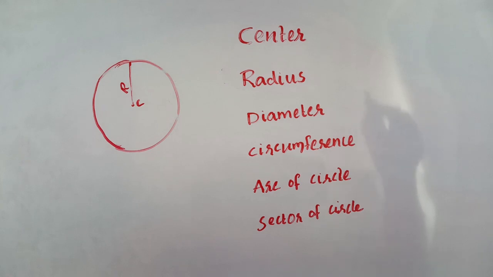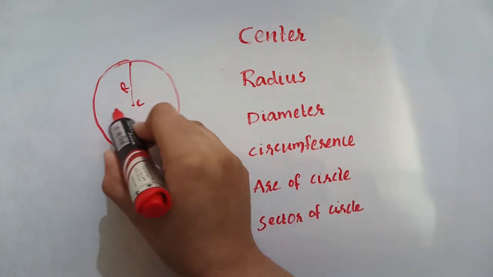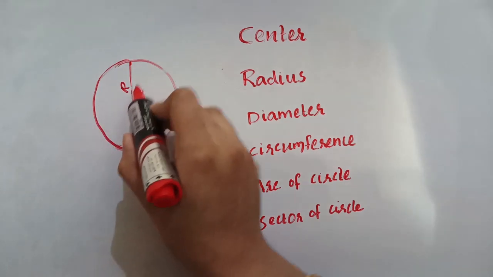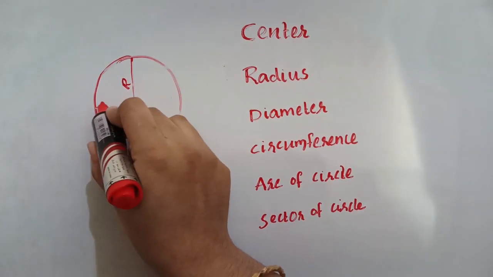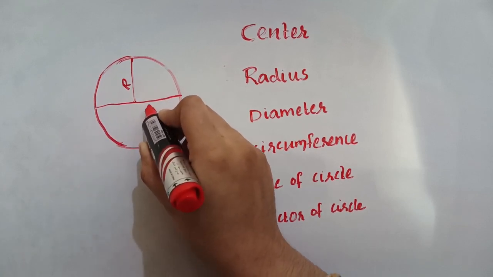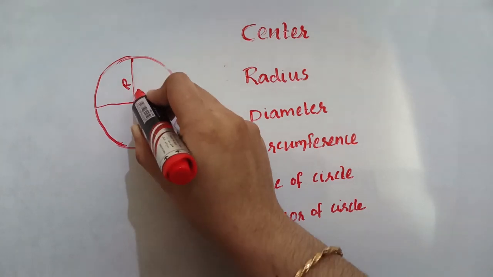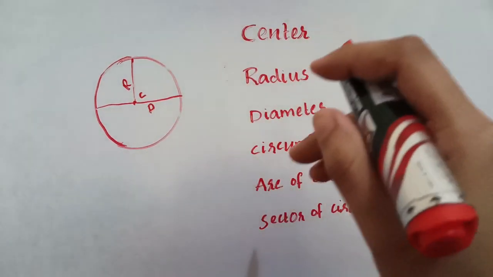Diameter is a line segment having boundary point of a circle as the end point, and it passes through the center. That is, we can say this line segment as diameter. It is marked as D. This is the point center, okay.